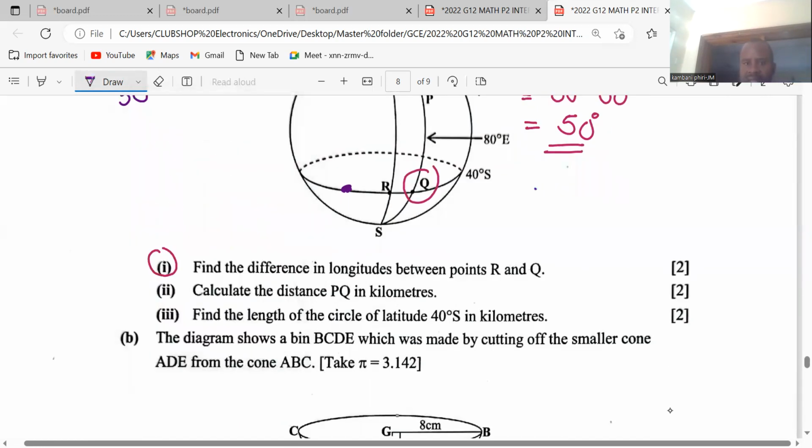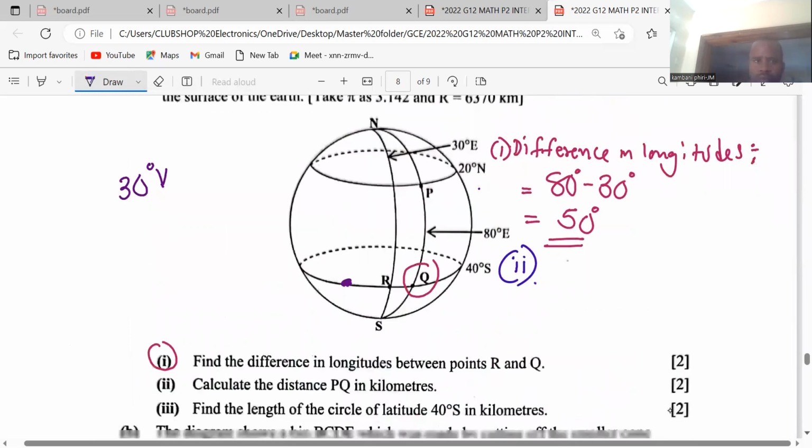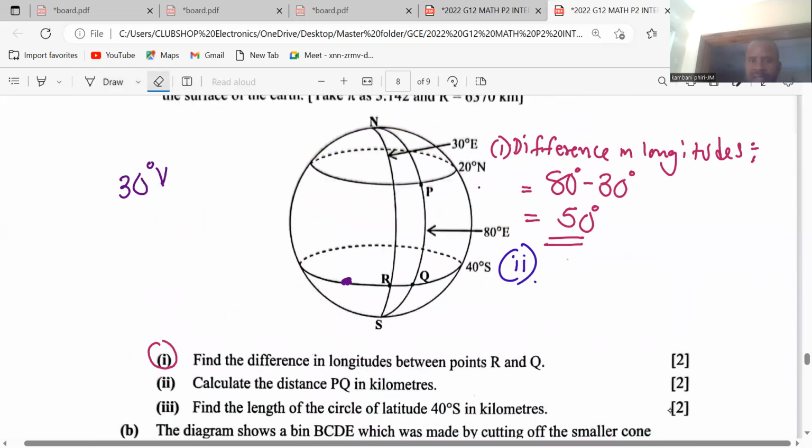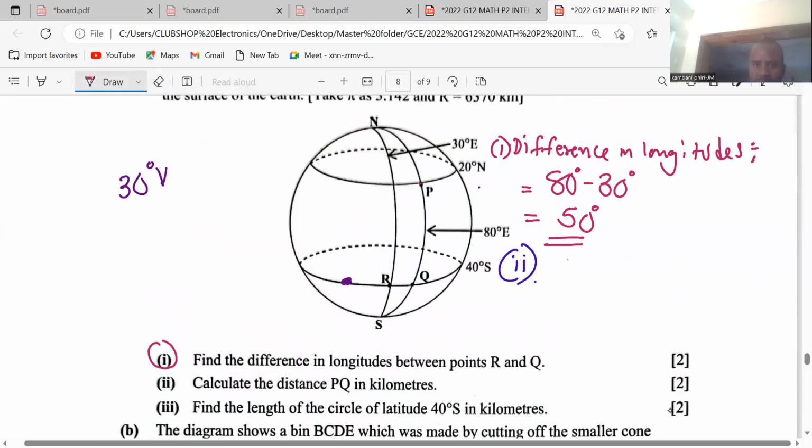Let's look at the second question: calculate the distance PQ in kilometers. P and Q share the same longitude of 80 degrees east.